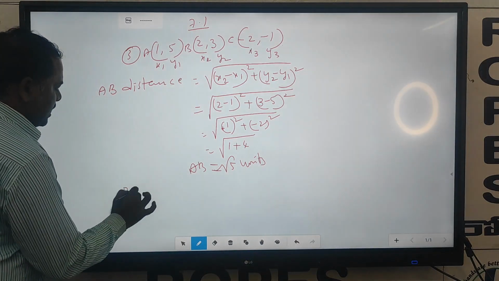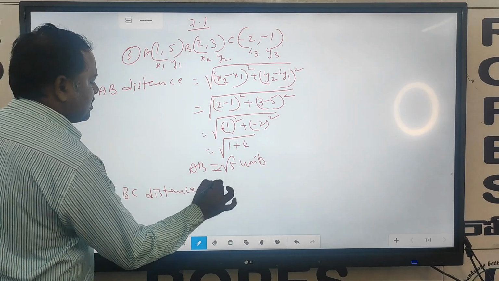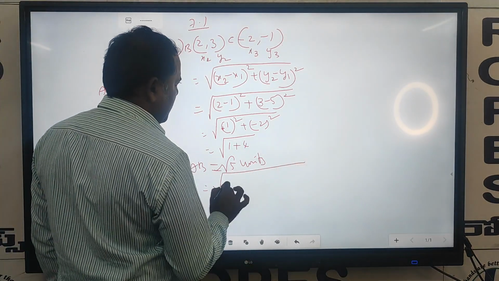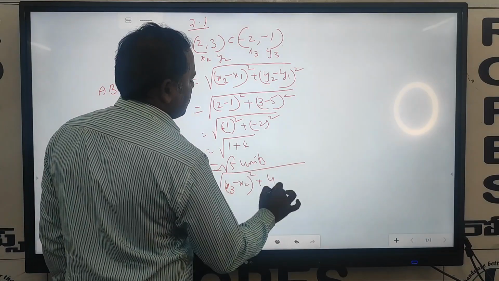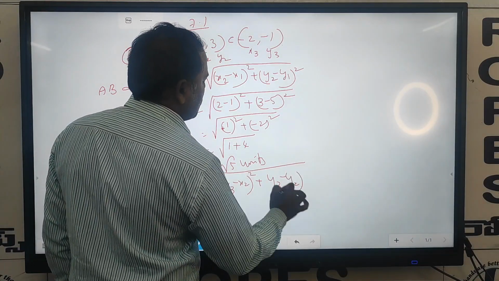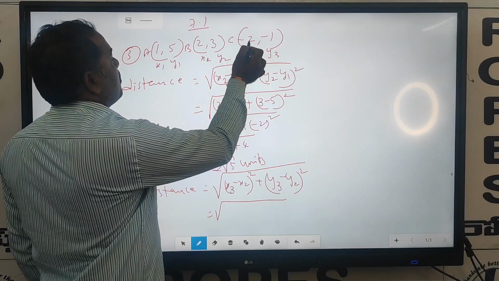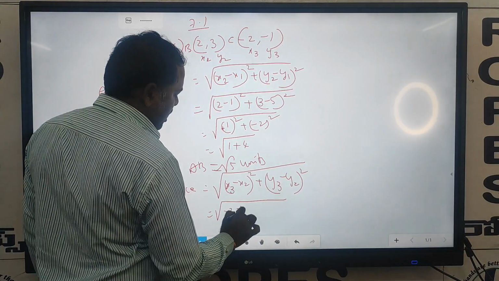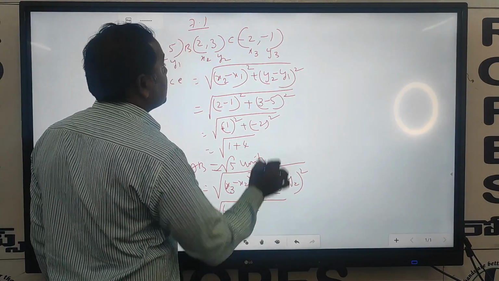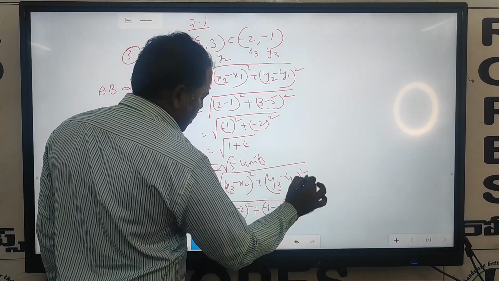Now the BC distance: root of (x3 minus x2) whole square plus (y3 minus y2) whole square. Here x3 is minus 2 and x2 is 2, so minus 2 minus 2 whole square plus minus 1 minus 3 whole square.